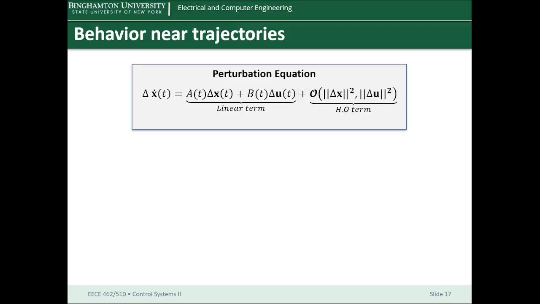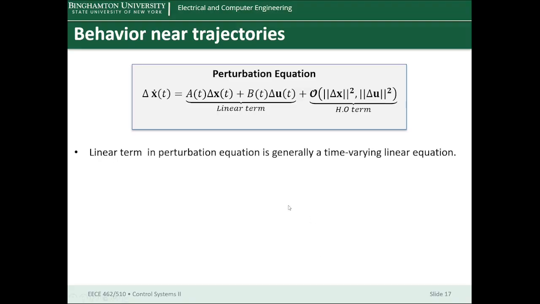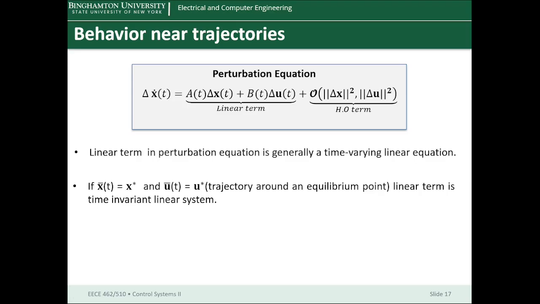The high order term is an infinite series. The linear term generally gives us a time varying linear system. But in the special case where the desired trajectory is an equilibrium point and the nominal input is the corresponding equilibrium input, the linear term becomes a time invariant linear system.